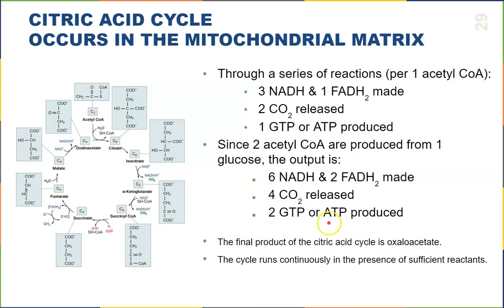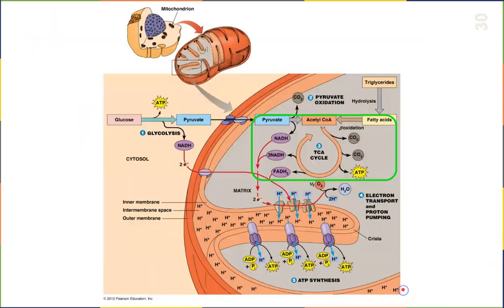It's nice that we get 2 from it, but it's not its major goal. The major goal of the Krebs cycle is to make these guys that we can move on to the electron transport chain. Okay. So again, here's our Krebs cycle. Here's our carriers. They're going to move to here, which we're going to get to next.